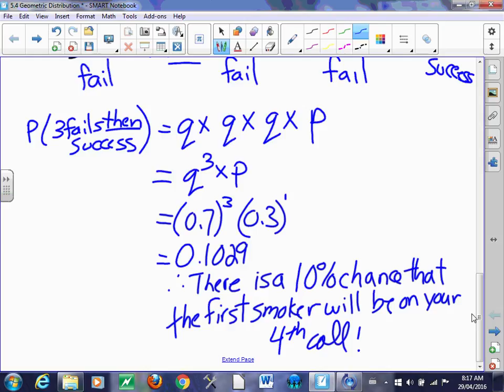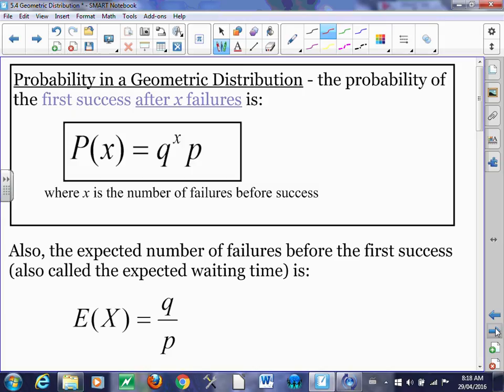Okay, so this is a different type of distribution. Notice it's the number of failures before success. It's a cool format. It's pretty easy. You just have to realize what you're looking for in the question. So let's take a look at the formula. The probability in a geometric distribution is the probability of the first success. So when do you get the first success?